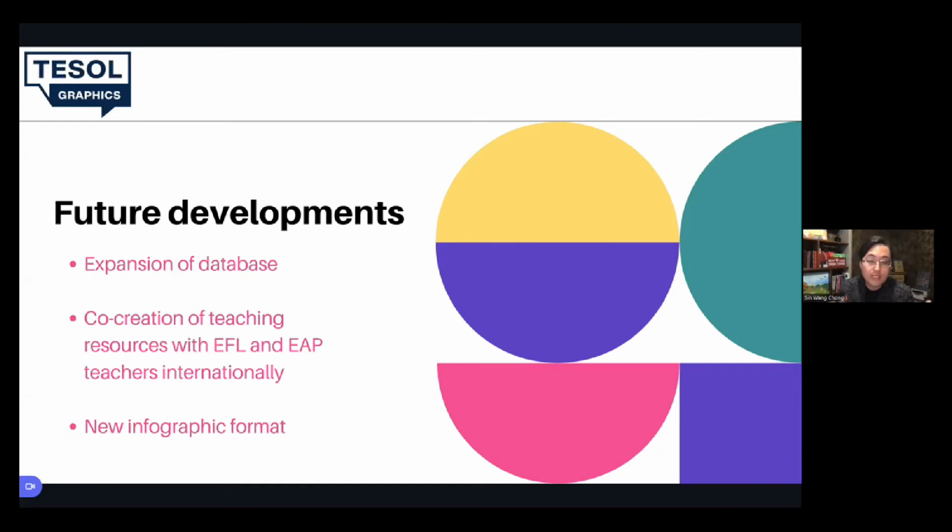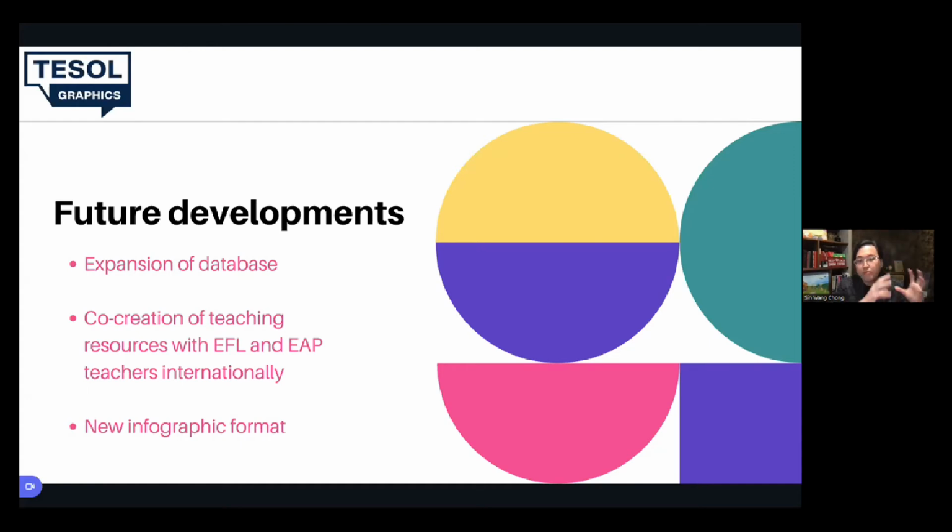So for example, the teachers could pick an infographic that they like, or whose topic is relevant to their context, and they develop a set of materials based on the infographic content, and the team would help them throughout the process. And then the teaching resources will be made available on our website alongside the infographics.